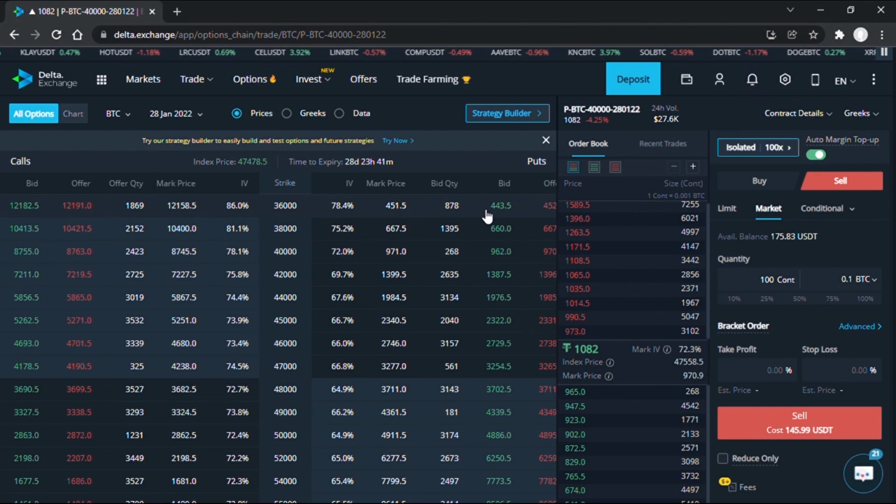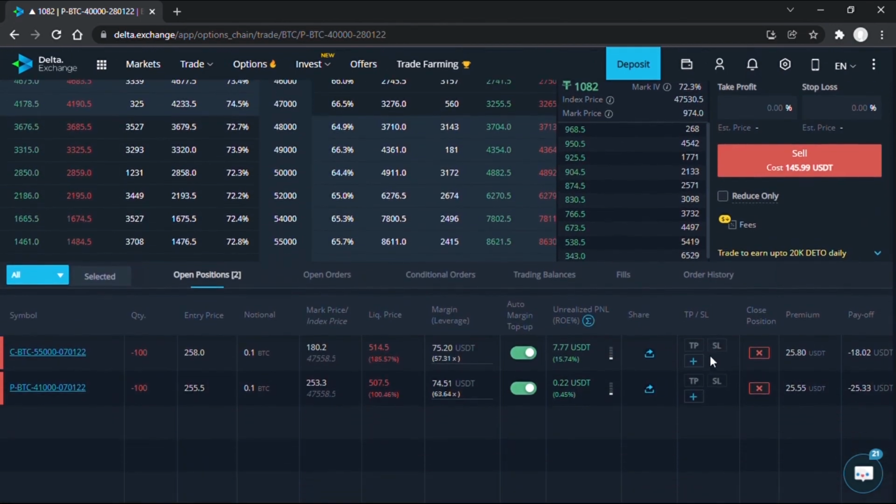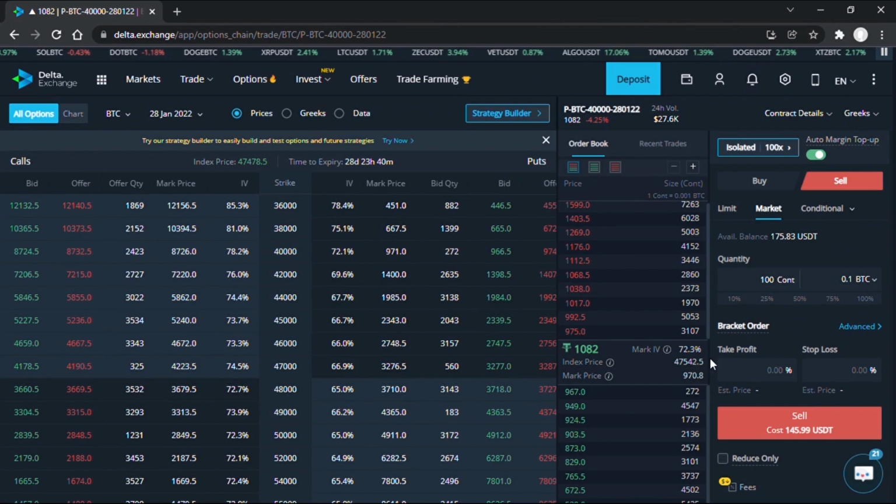That's the amount of risk that you have, but you can make the same amount of profit if you're good with trading. Currently I have an open position at a profit of around 8 USDT, which translates into more than 3% return. This is the thing I wanted to say.